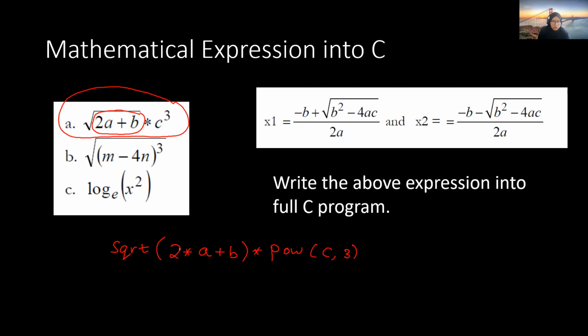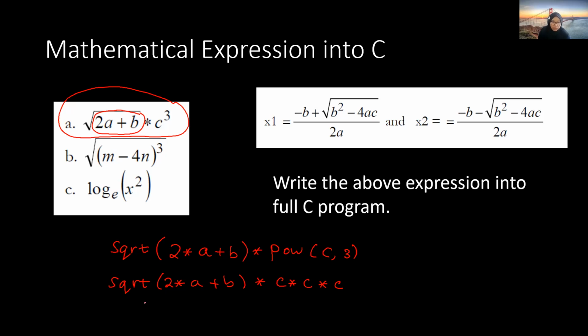You can also do something like this. I don't want to use power, so I can also use SQRT 2 times a plus b, times c, times c, times c, because c to the power of 3 is 3 times of c.